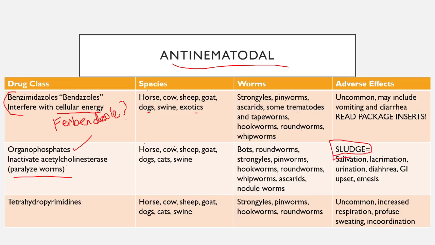They can cause some adverse effects like SLUDGE effects, salivation, lacrimation, urination, diarrhea, GI upset, and emesis, because they're indirect acting cholinergics. So they're going to cause some of these parasympathetic effects. They treat bots, roundworms, strongyles, pinworms, hookworms, roundworms, whipworms, ascarids, and nodule worms.